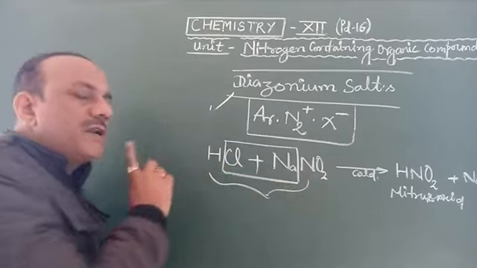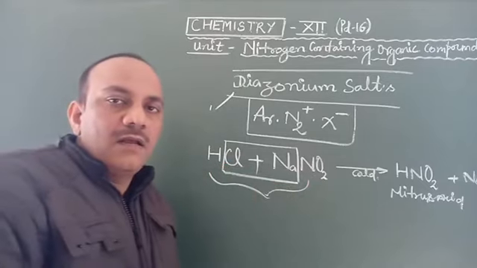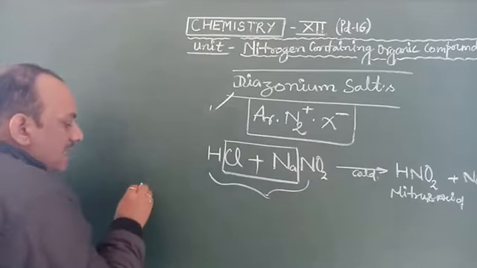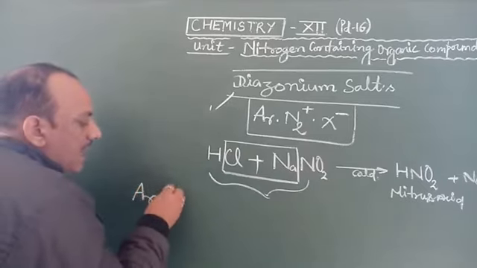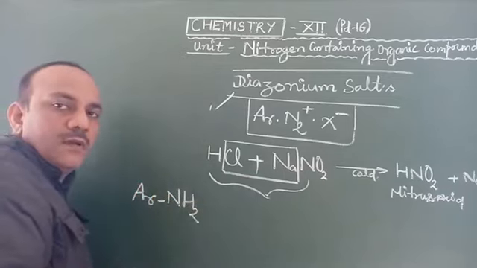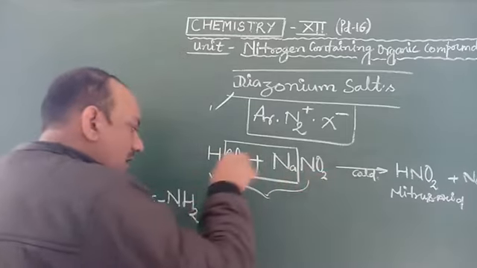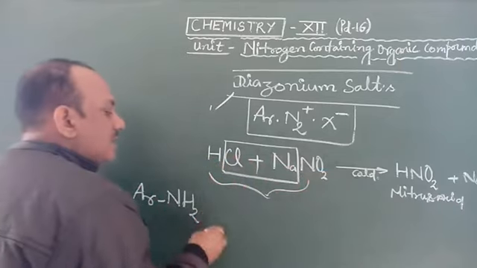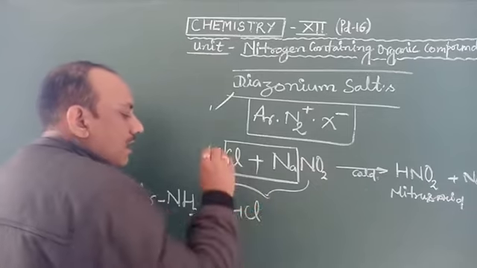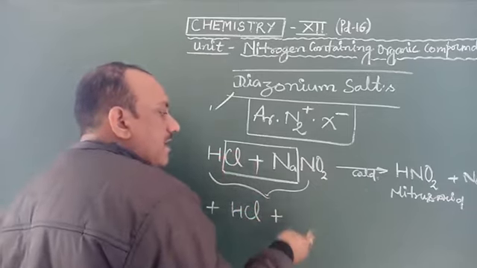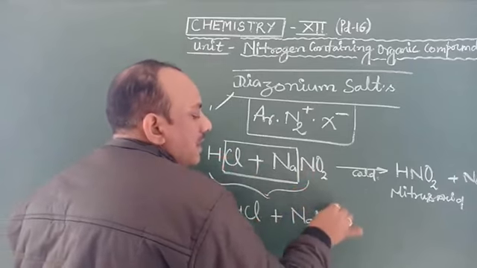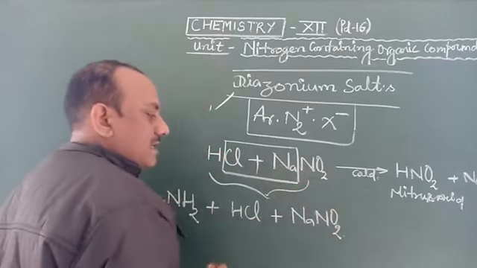Then it reacts with an aromatic amine. You know that the aromatic amine formula is represented by ArNH2. We take this reaction for the formation of the diazonium salt. So HCl provides the acidic medium and NaNO2 is for the preparation of nitrous acid.